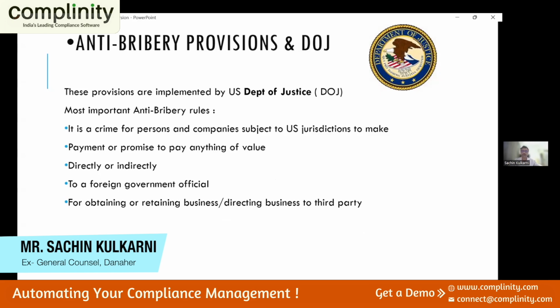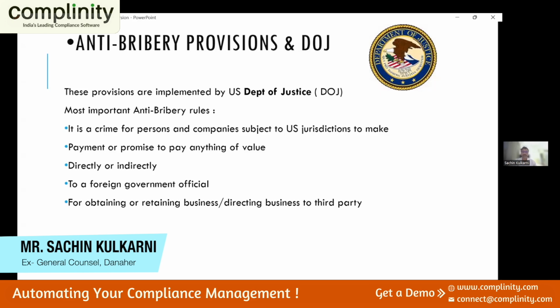It is a crime for all of them to pay or promise cash or anything of value, directly or indirectly, to a foreign government official. For a US company, an Indian government official is a foreign government official. For what? For obtaining or retaining business or directing business to a third party.